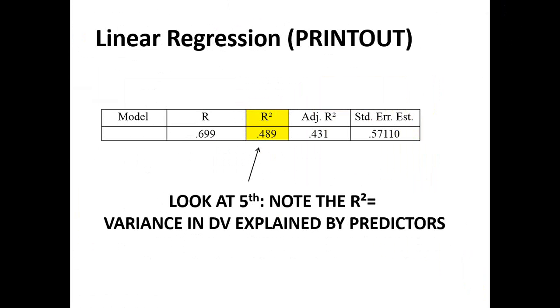So the R squared tells you, of all the predictors in the model, how much of the variance in happiness do the predictors explain? So R squared is 0.489, which is a percentage. So that's almost 50%. So let's say 49%. So what this is indicating is that 49% of the variance in happiness is explained by our predictors in our regression model.